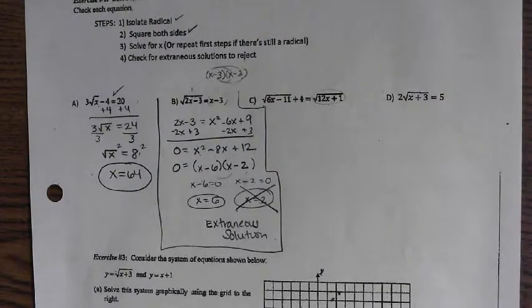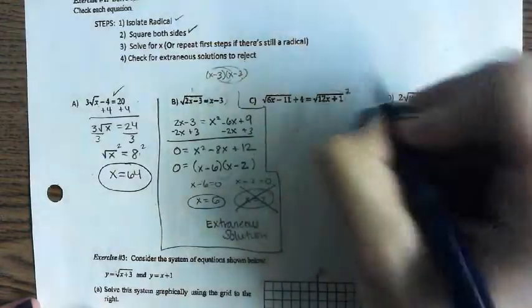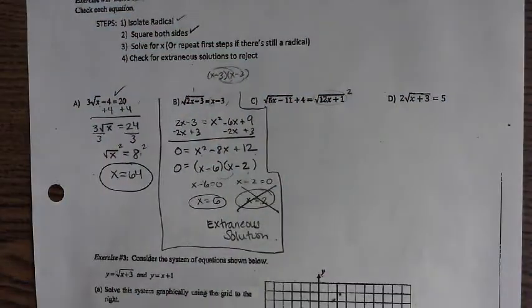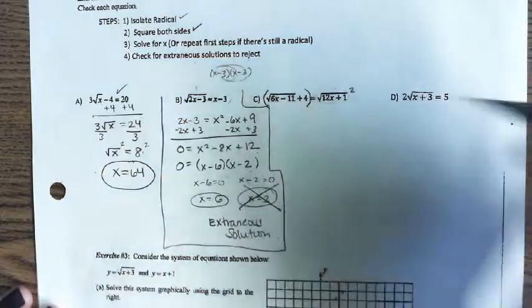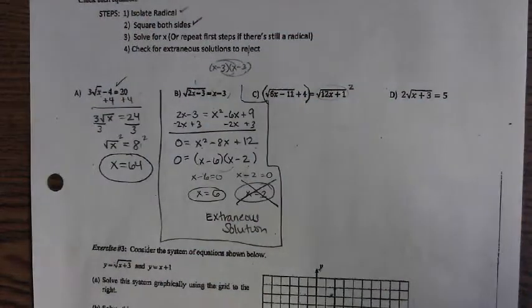So isolate radical, already done on the right-hand side. Okay, good. Step 2, square both sides. Now, when I square the radical alone side, we're good. When I square the left-hand side, that's a binomial, you guys. That's a radical plus a 4. That's 2 terms.